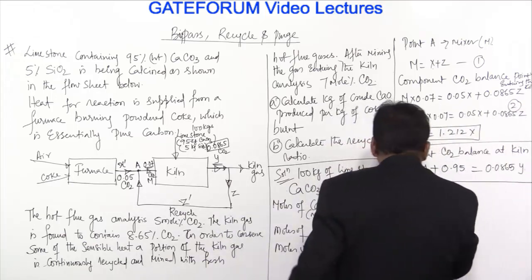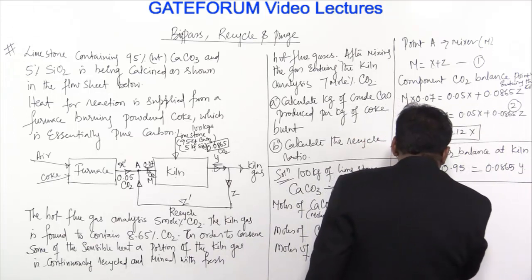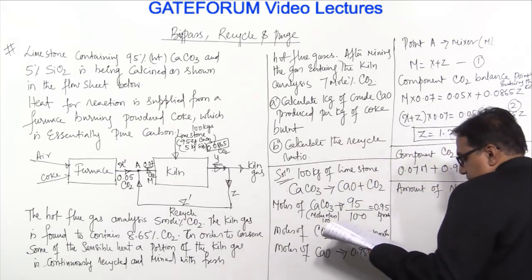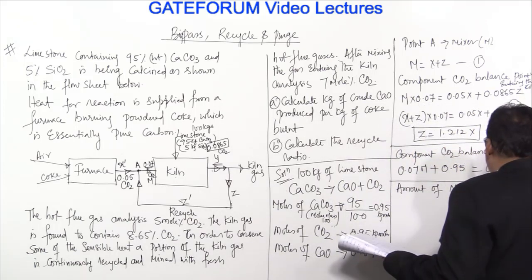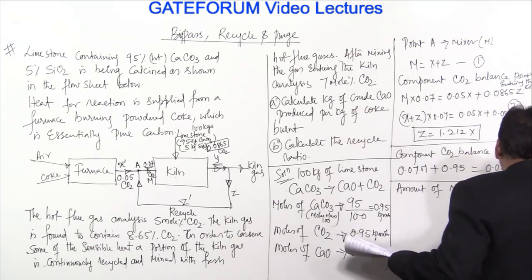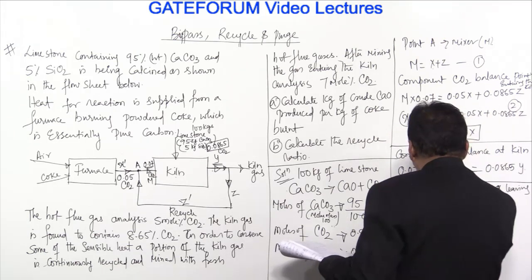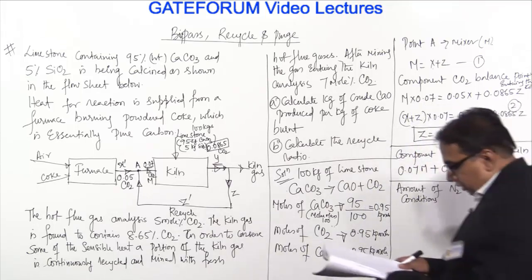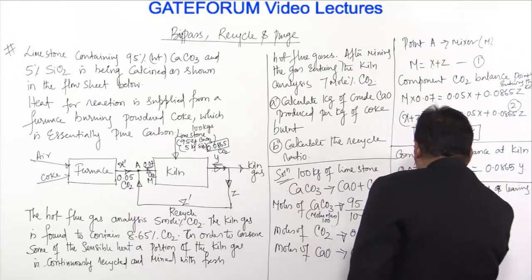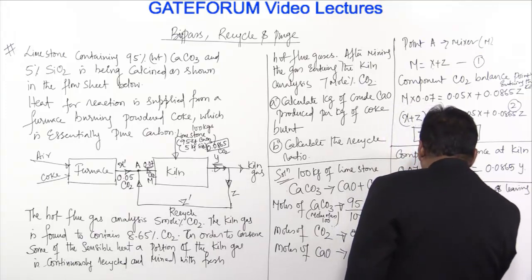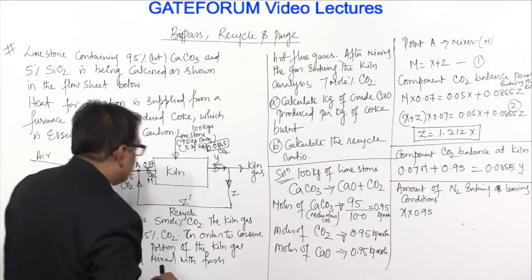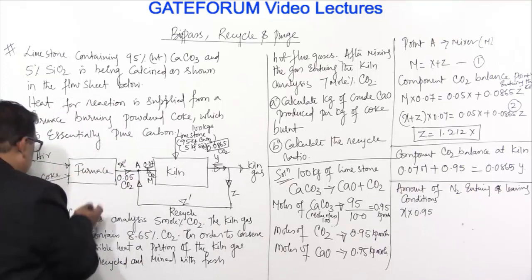So the amount of N2, because this is the only inert substance which is entering and leaving. So the amount of N2 entering and leaving conditions: x into 0.95, because 5% is CO2 means 95% in air.